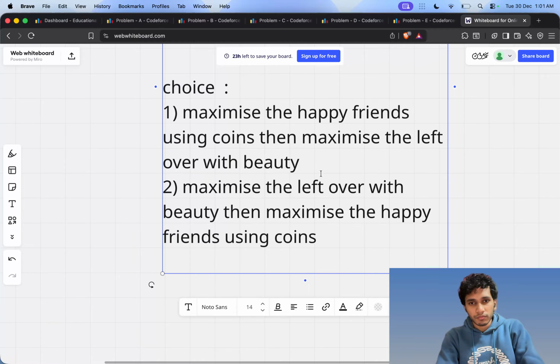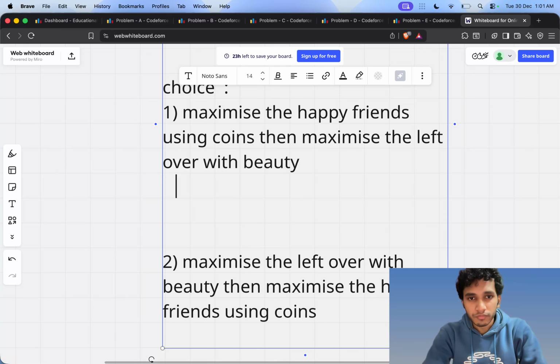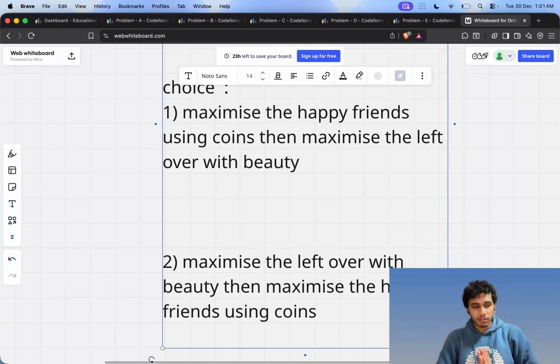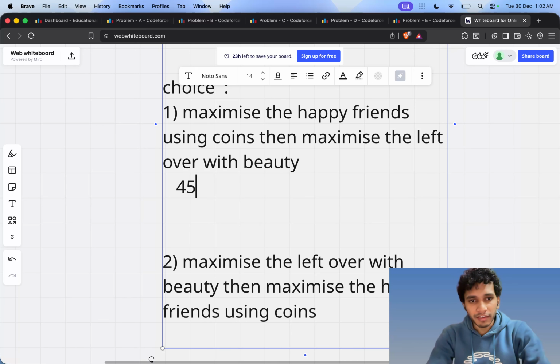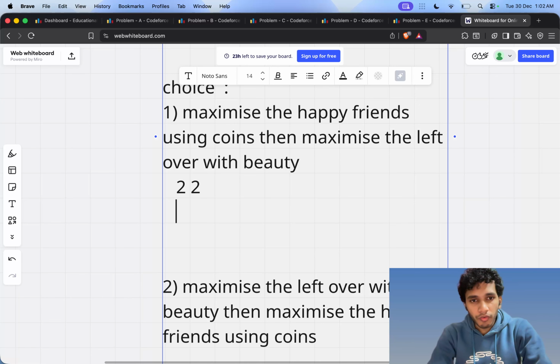Okay, let's say a friend wants beauty 5 and coin 2. Another friend, okay, small values of beauty and coins both. Another friend wants 5 coins and 5 beauty.